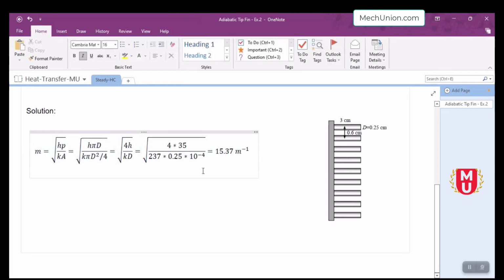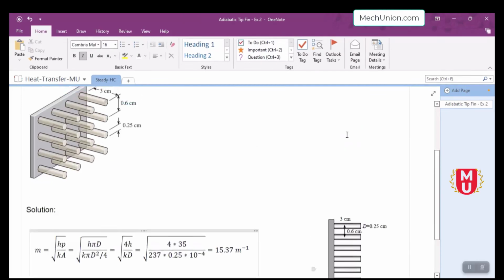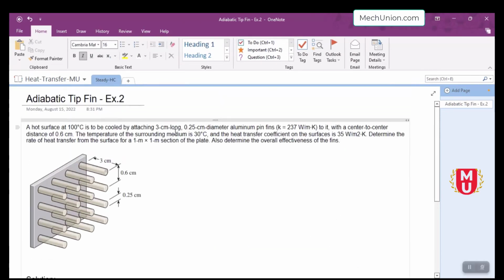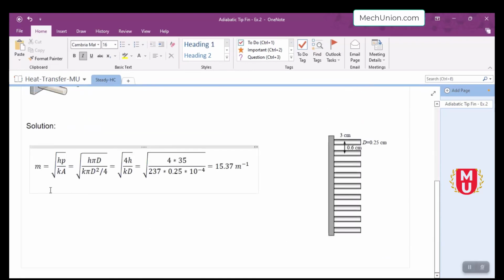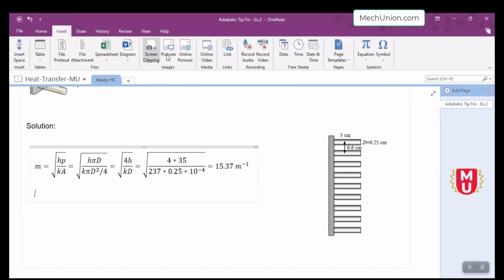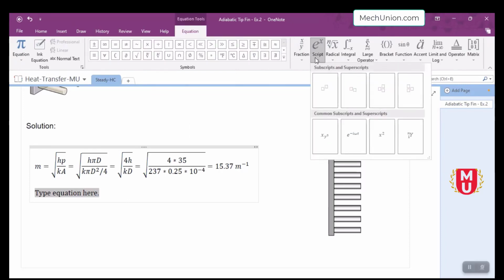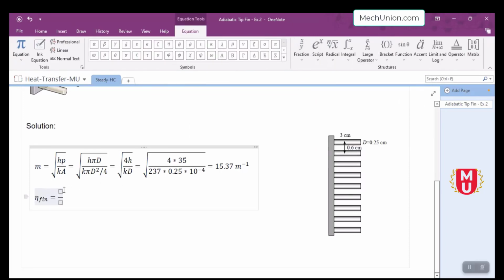And so we have the value of m, and L also is known. The length of the pins is 3 centimeters, so we can find the efficiency of the pin. We have eta of pin equals hyperbolic tangent of mL over mL.